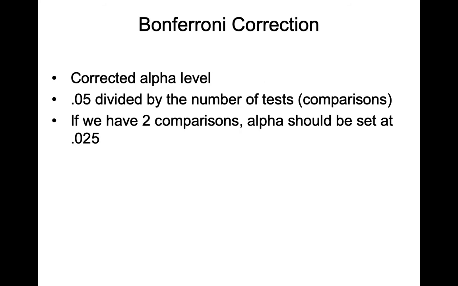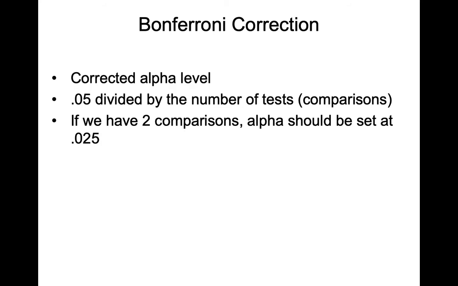That is, when you determine your critical value for F, instead of using alpha 0.05, you're going to use alpha of 0.025. So if we wanted to test whether securely attached folks are different from avoidant and whether securely attached folks are different from anxious, that's 2 comparisons.